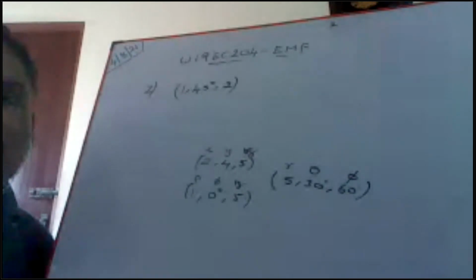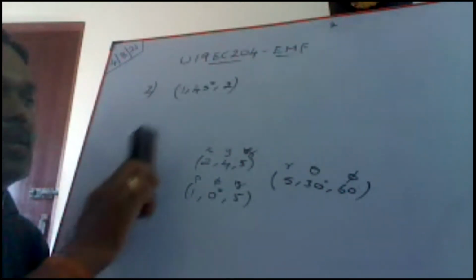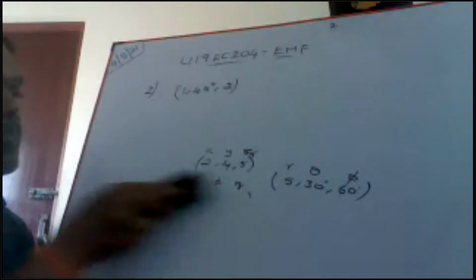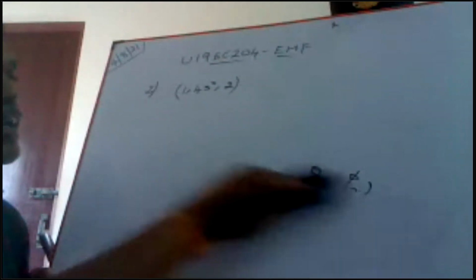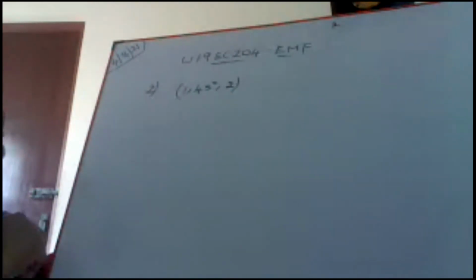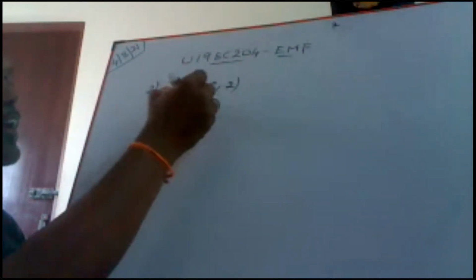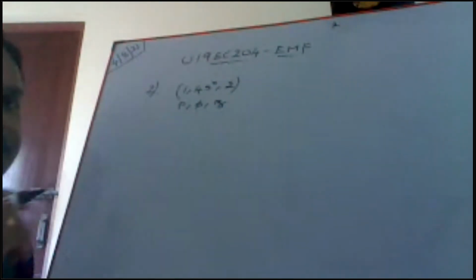So even if the name is not given, we should be able to identify what type of system it is. In this particular problem, it is given directly that it is a cylindrical system, and the point 1, 45 degree, 2 is obviously rho, phi, and z.